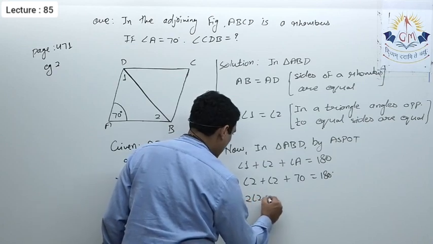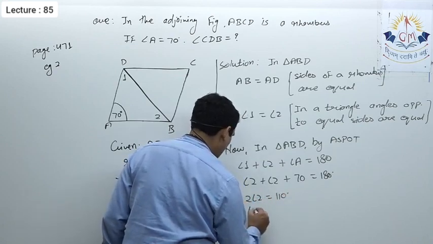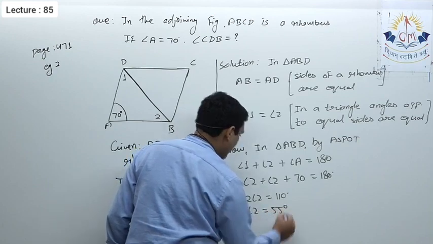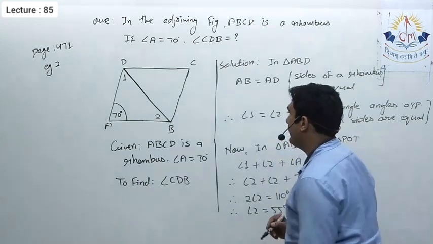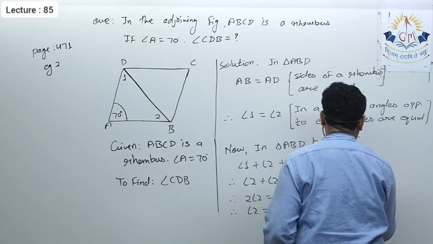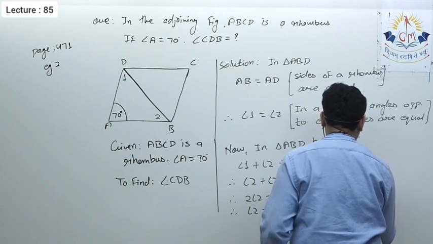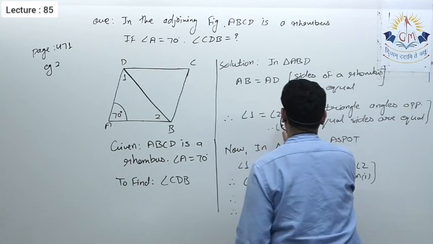Therefore twice of angle 2 is equal to 110 degree. Therefore angle 2 is equal to 55 degrees. Here I can write reason angle 1 equal to angle 2 from 1.